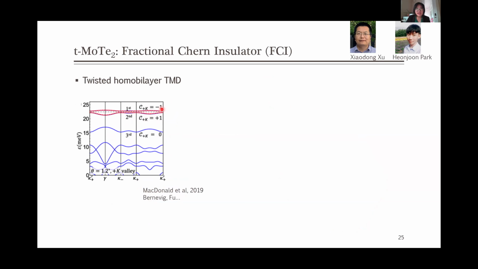You can see that they have non-zero Chern numbers, or to say, those bands carry non-trivial topology. And on top of that, these bands are pretty flat. So this drives us back to the case of the fractional quantum Hall effect: you have flat bands, and you have non-trivial topology.